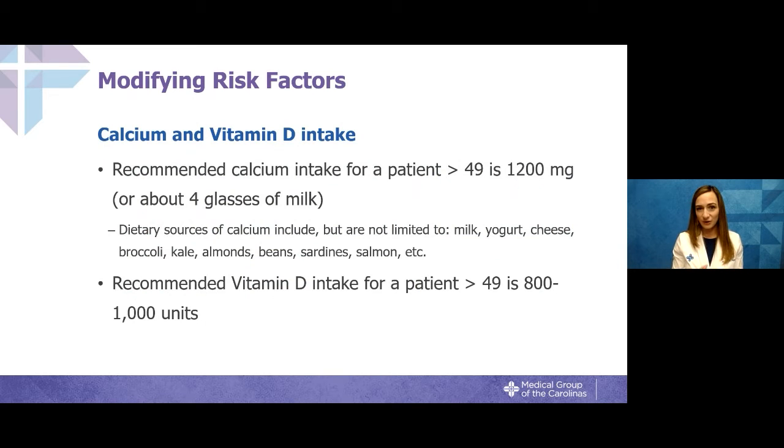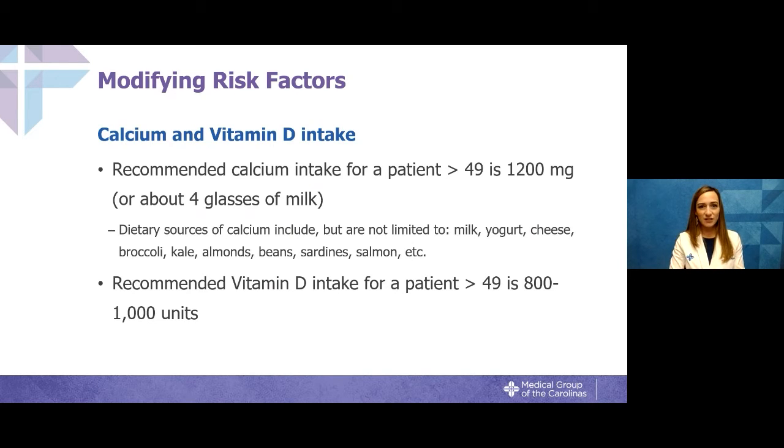So let's talk about our risk factors, the things that we're going to start doing at this point. So first thing to start with always is kind of our building blocks when it comes to our bones. So calcium and vitamin D. For an individual that is perhaps over the age of 50, right, we really want them to be taking in somewhere around 1,200 milligrams of calcium every day.